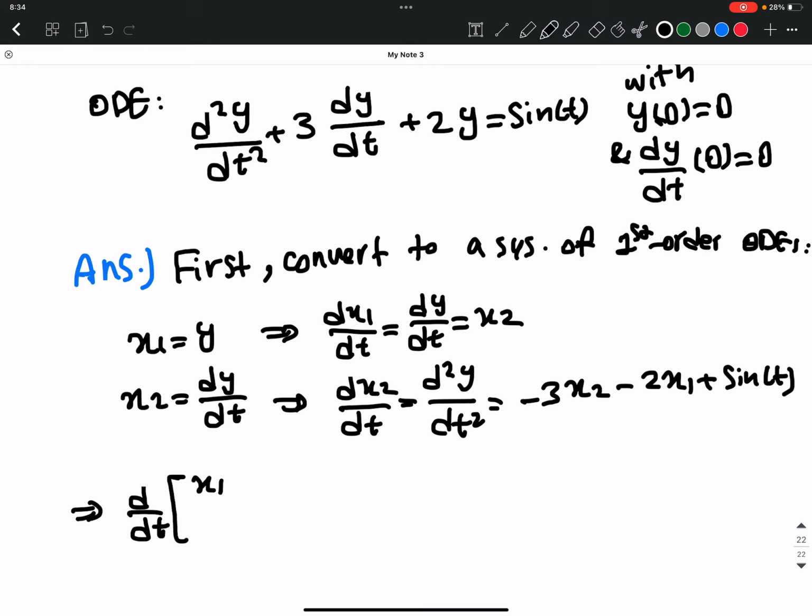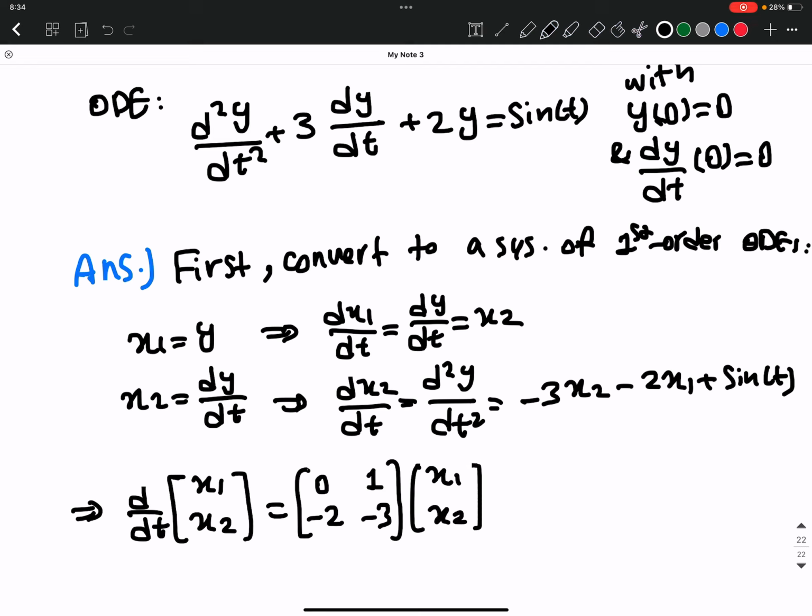One second order equation becomes two first order equations, equals the matrix with rows (0, 1) and (minus 2, minus 3) times (x1, x2), plus (0, sine of t).